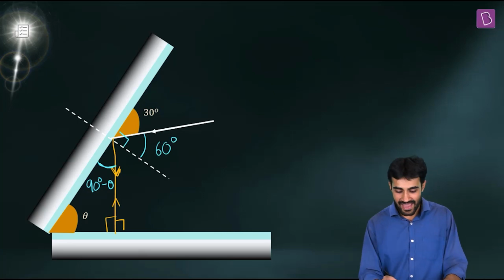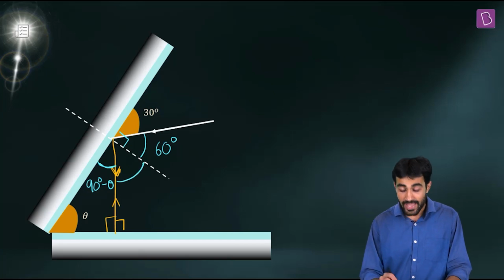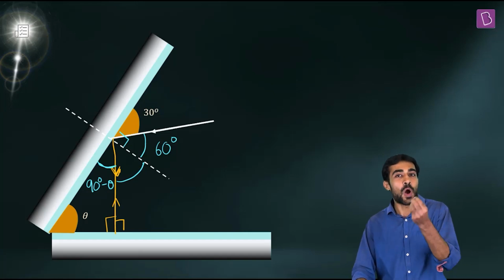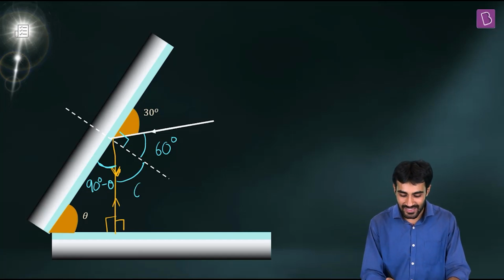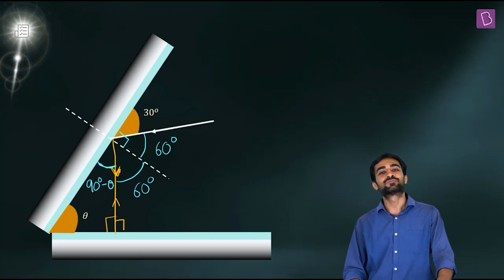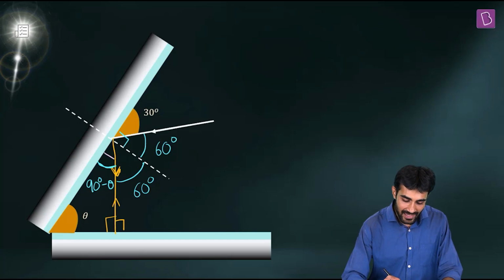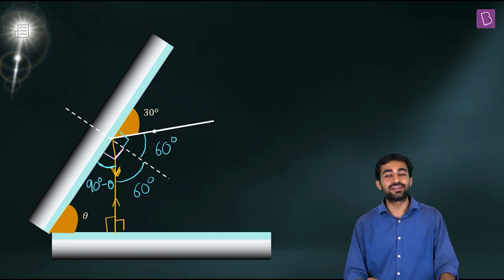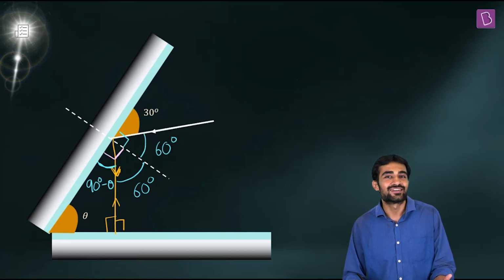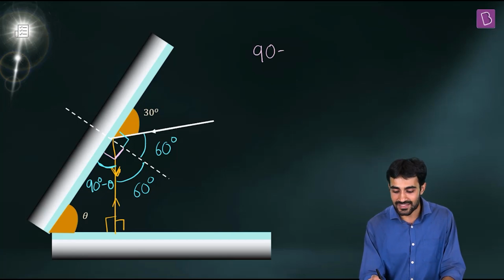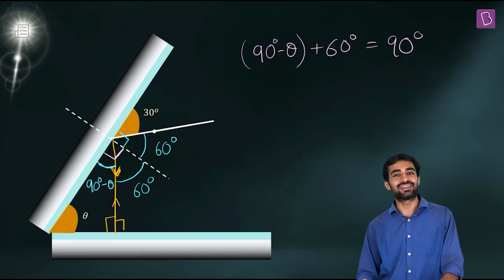And what is the angle of reflection? Well, if the angle of incidence is 60 degree, the angle of reflection has got to be 60 degree. So this angle is 60 degree. Now can you see something wonderful? The angle made by the mirror with the normal is 90 degree. Because 90 minus theta, and if we add 60 degree to it, we must get 90 degree, right?